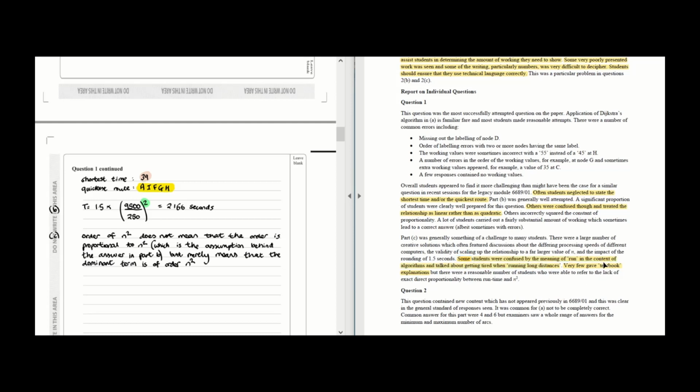Okay, so I think when it comes to questions, you have to refer to the lack of exact direct proportionality between runtime and n squared. Okay, so I think again giving textbook answers would help in this situation.